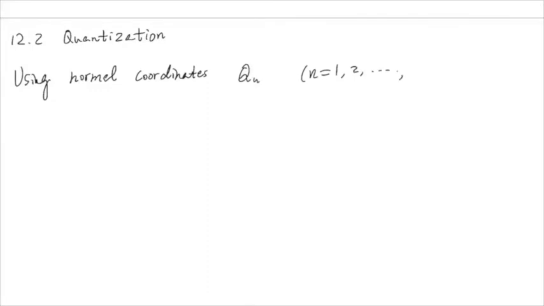So using normal coordinates Qn, again, n goes from 1 to capital F. Capital F is the total number of internal degrees of freedom. It is 3N minus 6 for a nonlinear molecule. It is 3N minus 5 for a linear molecule.